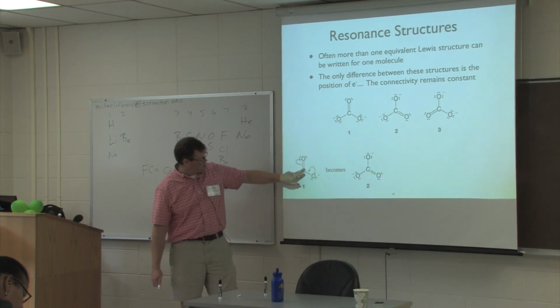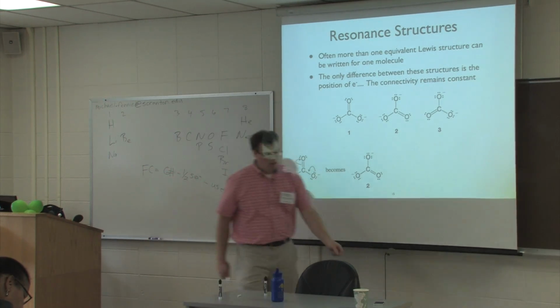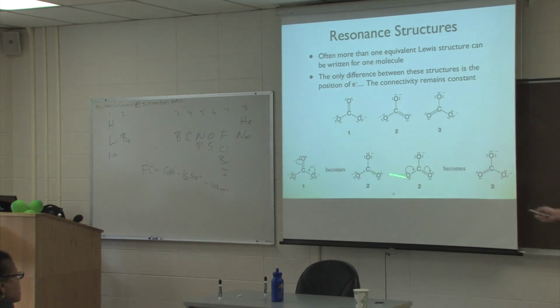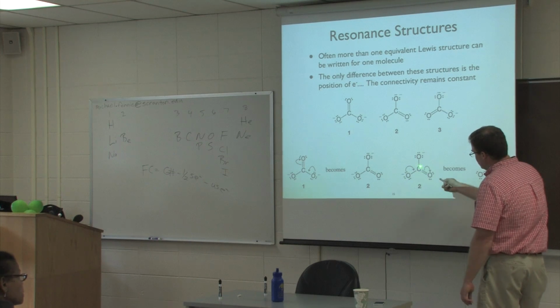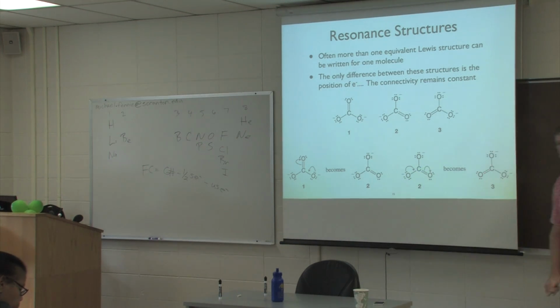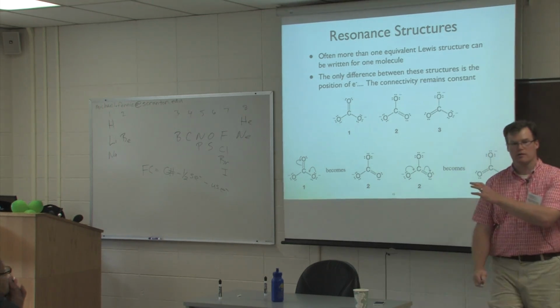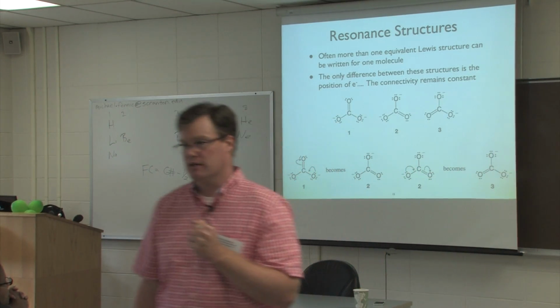I form a double bond here. I break the double bond here. And then I can interconvert 2 to 3 by moving these electrons into this oxygen-carbon bond space and then displacing these 2 electrons onto the other oxygen. I haven't touched the connectivity between these atoms. I've only moved the non-bonding electrons or the electrons in the double bond.